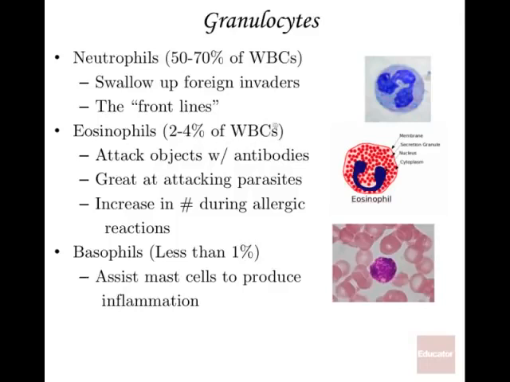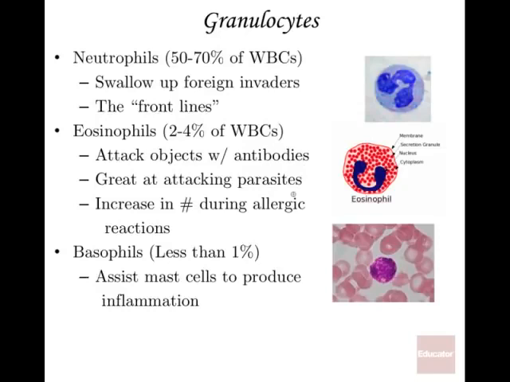Eosinophils, a lot less, 2 to 4% of white blood cells. They attack objects with antibodies. If antibodies, these globular proteins, have been attached to a certain bacterium, eosinophils notice it has antibodies on it as a marker, and they go and eat it up. They're great at attacking parasites.